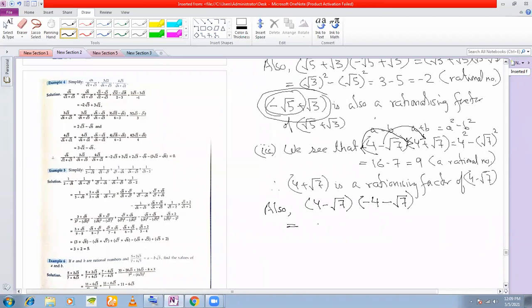Now what I can say is that 4 minus root 7, you can write this as minus of 4 plus root 7, isn't it? Now you can take the minus out, and you can write this as minus of 4 minus root 7 into 4 plus root 7.